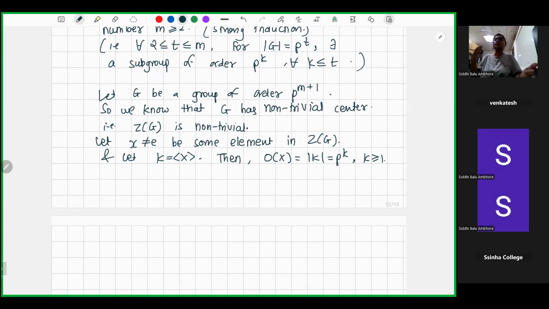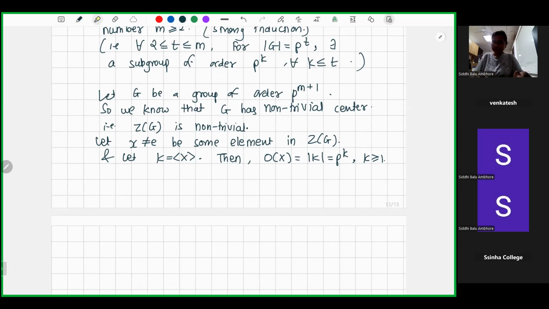This k needs to be greater than or equal to 1 because I'm choosing a non-identity element. Forget about Z(G). I'm choosing some non-identity element from a group of order p^k, so its order will be of the form p^t for some t. And that's what we are saying here. Any non-identity element of a group of order p^k has order of the form p^n.